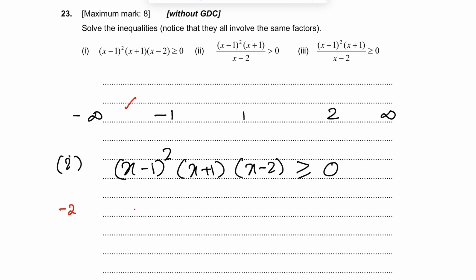If I take negative 2, this becomes positive, this becomes negative, and this becomes negative. So finally it is greater than or equal to 0. That's okay. Then I'll take between negative 1 and positive 1, maybe 0. So this becomes positive, positive, negative, which is less than 0. So this is not possible.